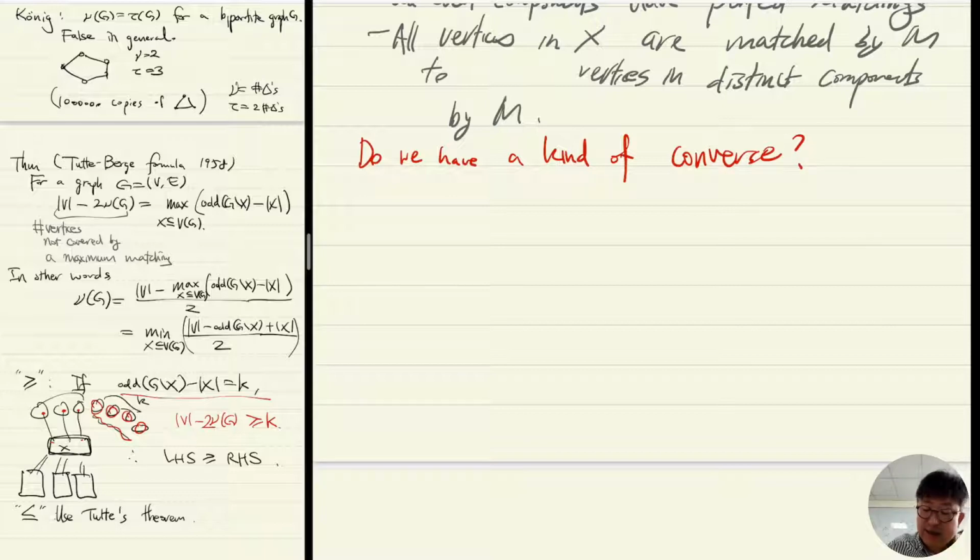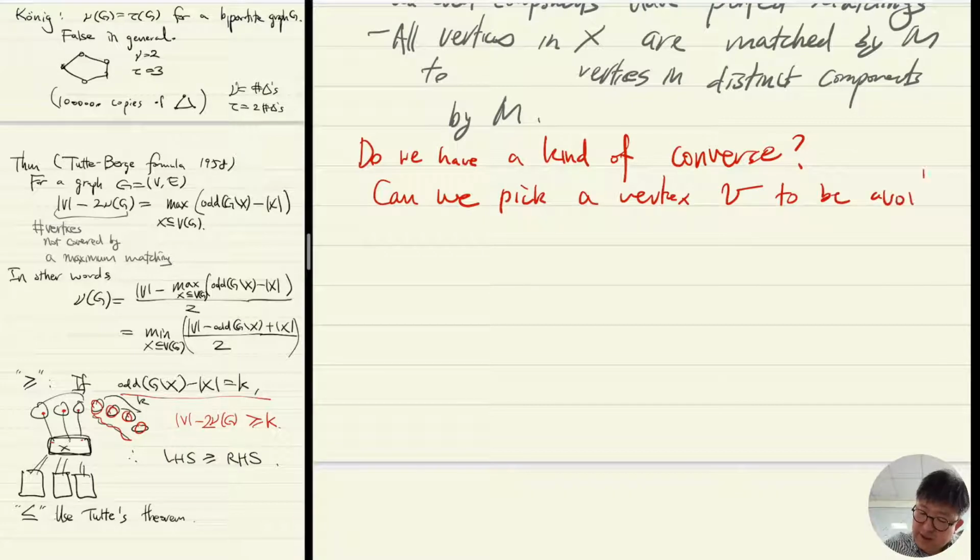Right? Can I pick a vertex V to be avoided by a maximum matching?